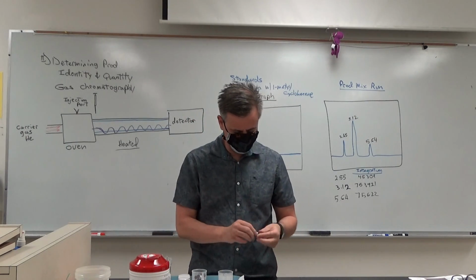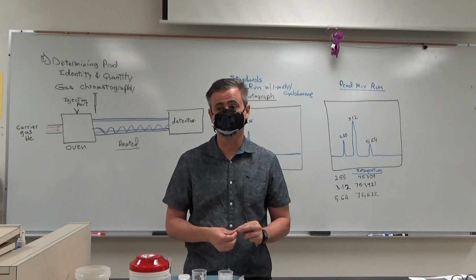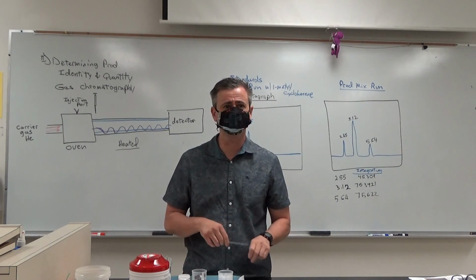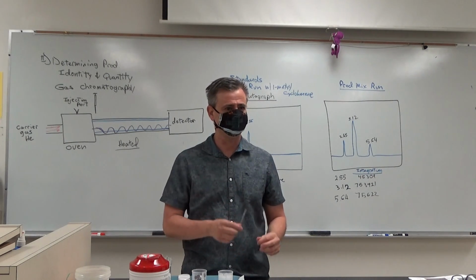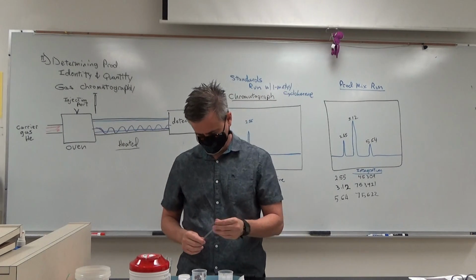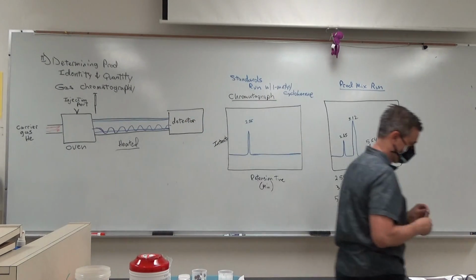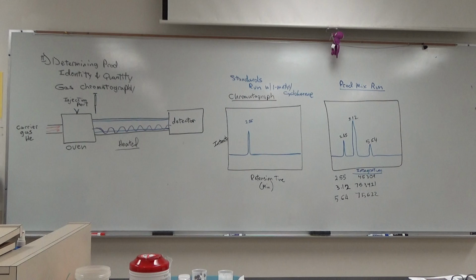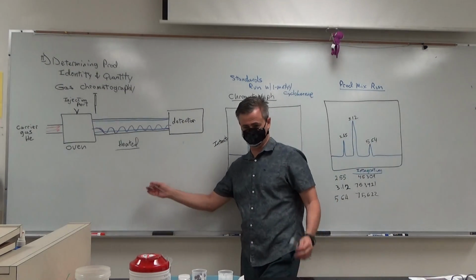Now what we have to do is run it through a small column, very similar to what you did when you created a column filter. We're going to run it through a powder called silica gel. It's the same stuff that's coated on TLC plates. Silica gel is wonderful stuff.